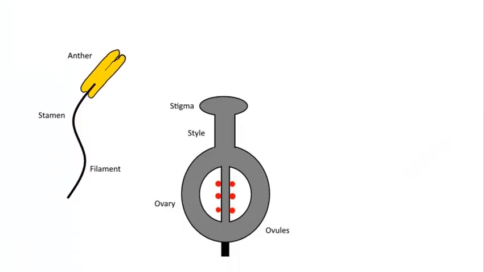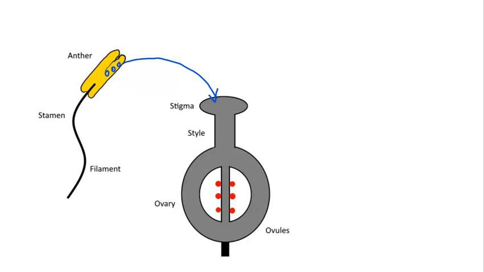So in the previous videos on pollination, we described how pollen grains from the anther would be transferred to the stigma. In particular, we were describing insect pollination, but the presentation here is also consistent with that of wind pollination.